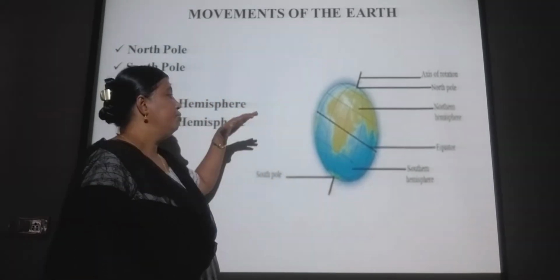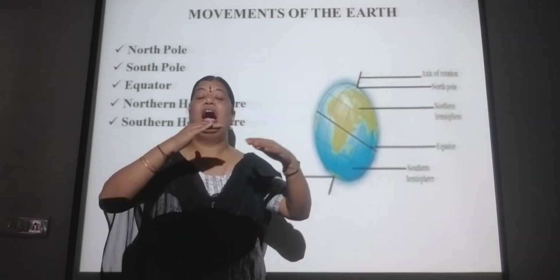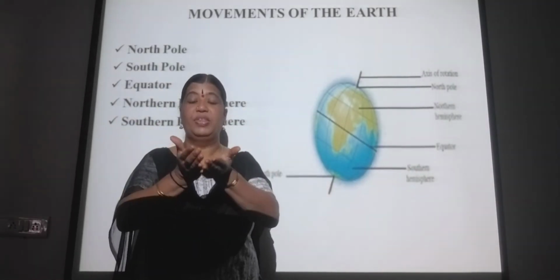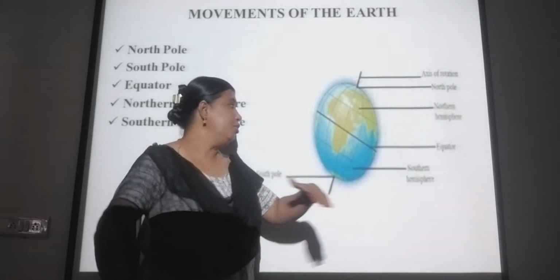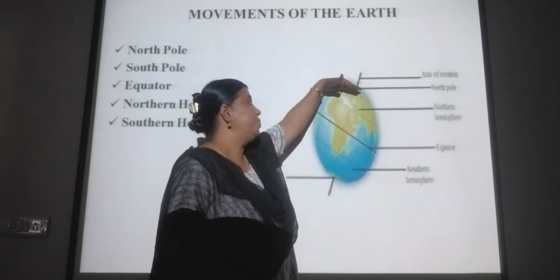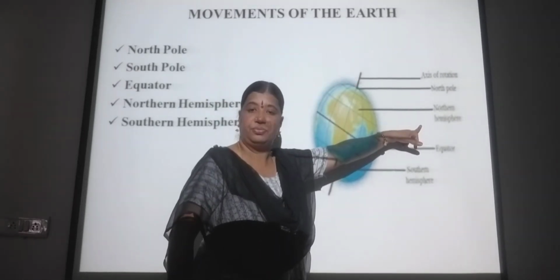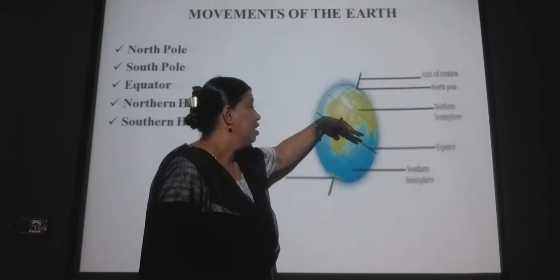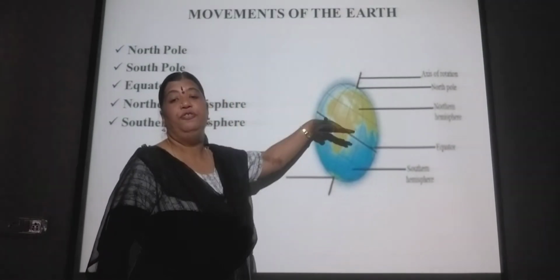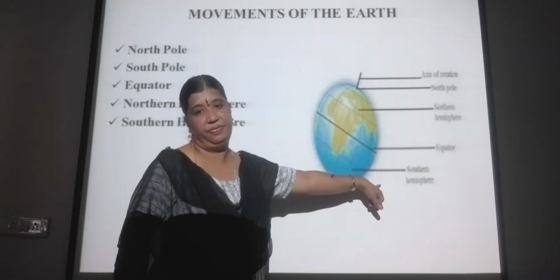Okay, children. Now next, hemisphere. Sphere means full. Hemi means half. Okay, the half of the sphere which is present on the north side is called the northern hemisphere. Understood? The part below the equator which is present to the south is called the southern hemisphere.